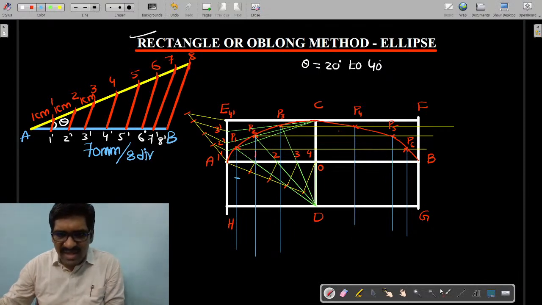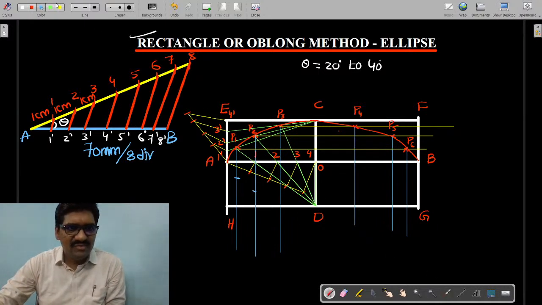Next, again, I am taking this value as radius and this point as center. You cut this line. In the same way, this point as center, this value as radius, and then cut this line. You will definitely get things like this.